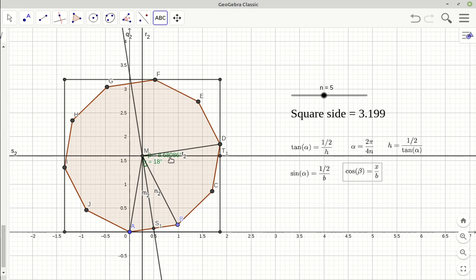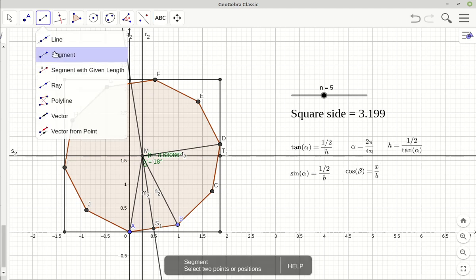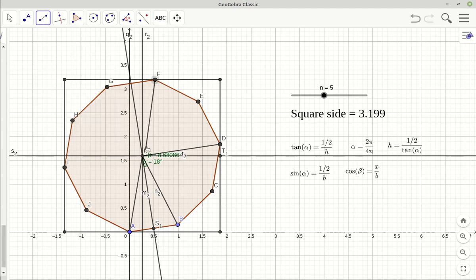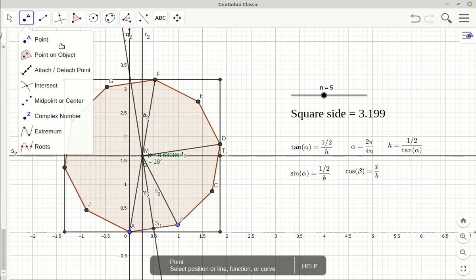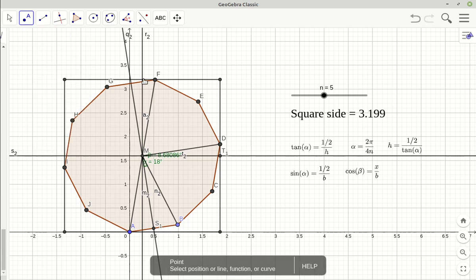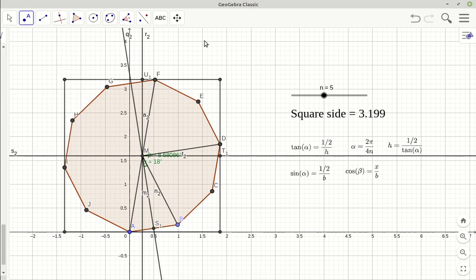So what is beta? So we see that this angle is beta, and actually when we also draw this line and put here the very same point of intersection, then we see that the angle FMU1 is also beta.